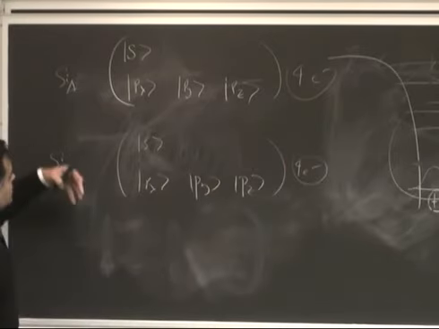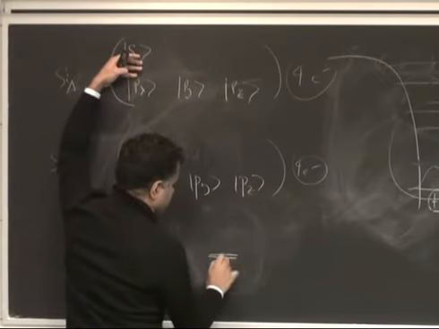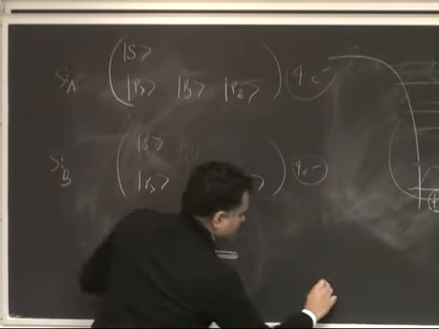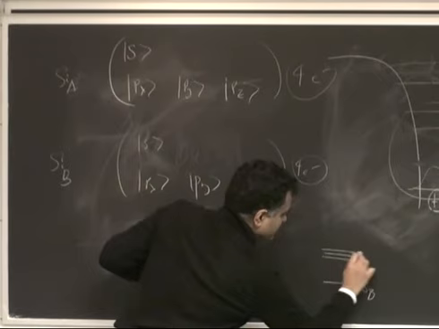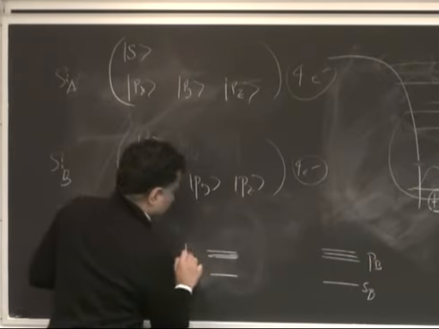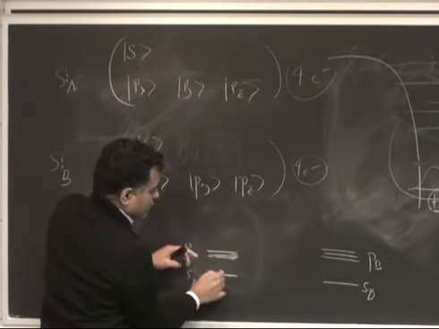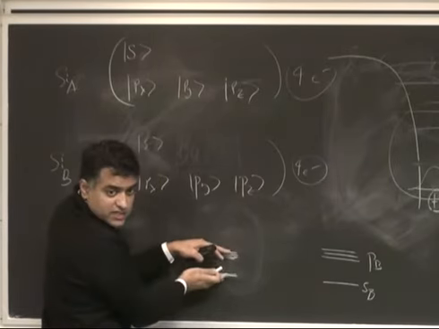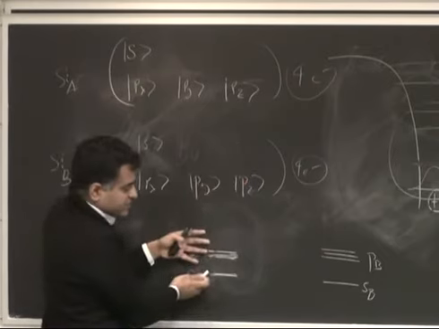The S orbital had a certain energy, and the 3 p orbitals had certain energies. So we started with the S orbital of B, p orbitals of B, p orbitals of A, S orbital of A. You can see there are 4 energy levels here.